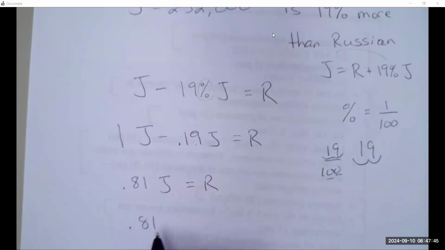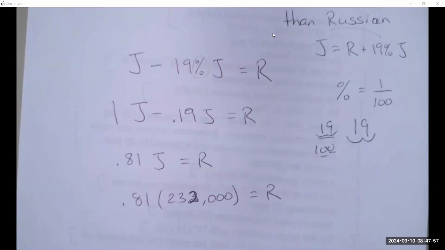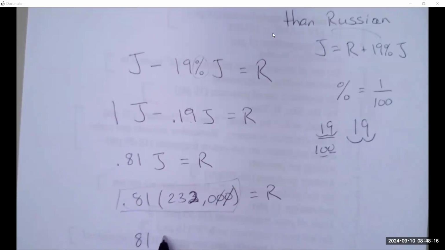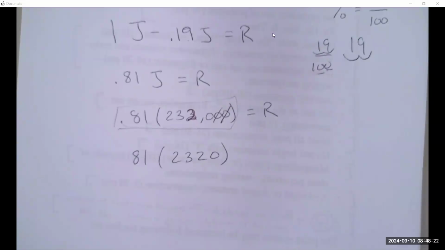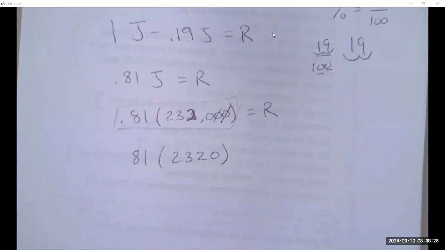So the number of words in the Japanese, 232,000. In this equation, since we have two zeros, we can say 81, because we move the decimal point to the right by getting rid of two of those zeros, and we do simple multiplication.